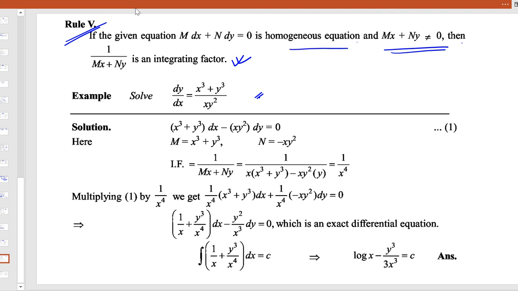So if this is a homogeneous case, then we can apply this formula, and the integrating factor will be this one. Once you multiply the equation by this integrating factor, it becomes an exact differential equation. In case of an exact differential equation, you apply step 1 to 3, and you will get the solution.